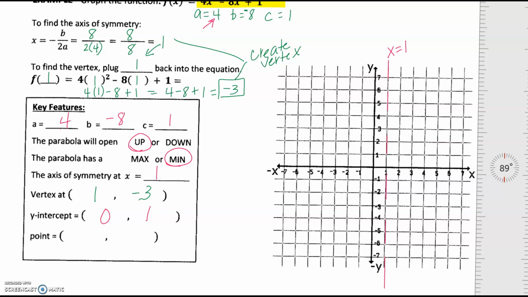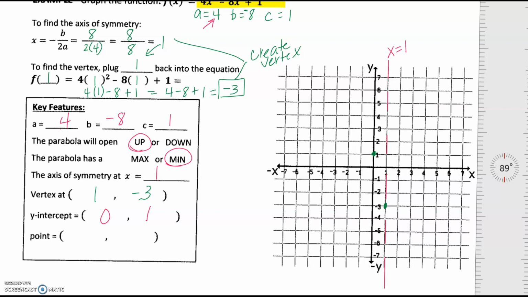From there, I'm going to do my vertex. My vertex should be right on that axis of symmetry. My vertex is (1, -3). See how it's on that same line? Then from there, I'm going to do my y-intercept. My y-intercept is 0 on the x, 1 on the y.